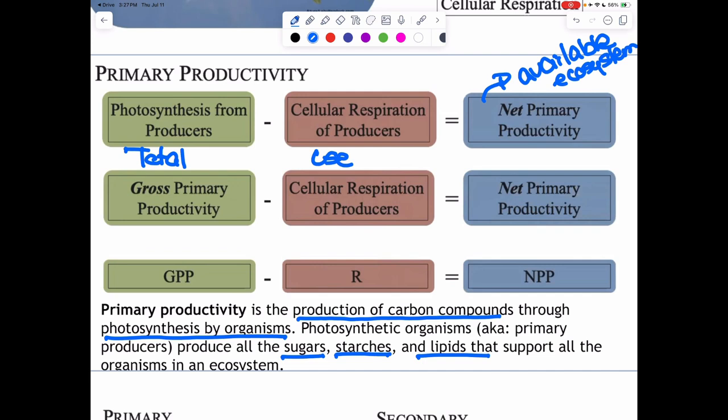To sum up, the most important part from this slide is that we found out what our NPP, our net primary productivity, is, and we learned how that is different from our GPP, our gross primary productivity. This being the total, and this being after we subtract everything the plant uses for itself.